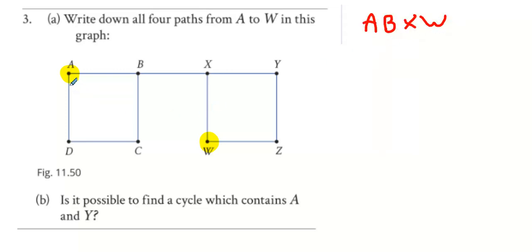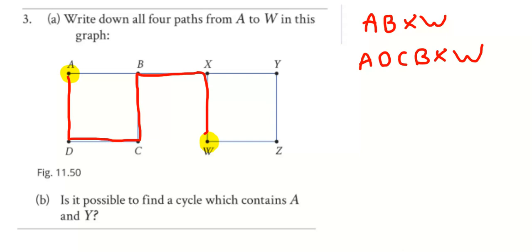Next one I can go is A, D, C, B, X, W. A, D, C, B, X, W. Okay, then I can sort of do a bit of a roundabout here.